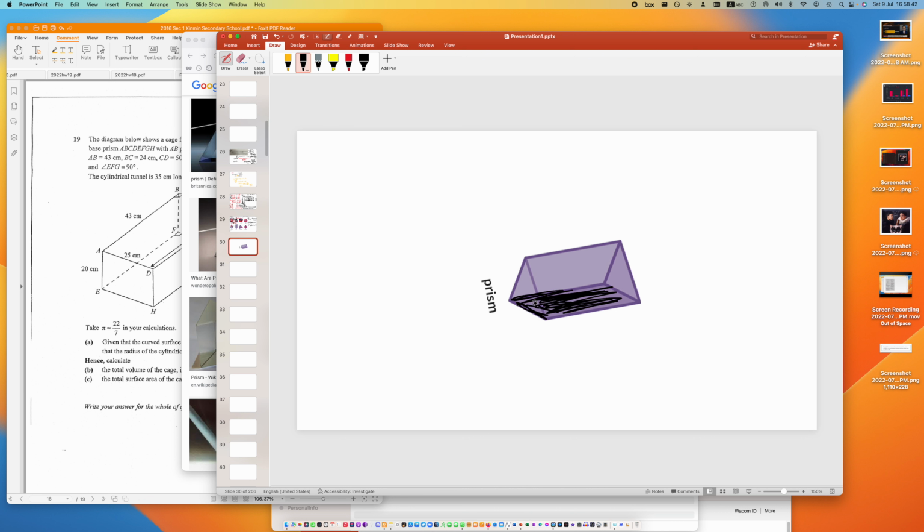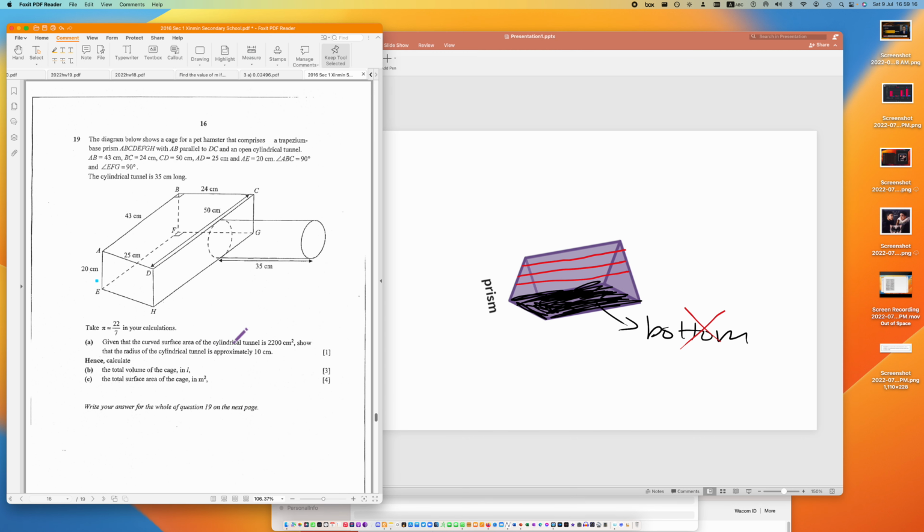In real life it is. Yes. But if you consider this is the bottom, you see it doesn't work. Because if this is at the bottom, that means you try to cut it this way. You don't get uniform layers. Right? Yes. If you don't get uniform layers, then you cannot consider this is the base. Then you need to consider the other one. Okay? So sometimes you get a shape, right? You need to somehow turn it around a bit to see if you get a uniform layer. Yes. Okay? So therefore if you look at this question, right?